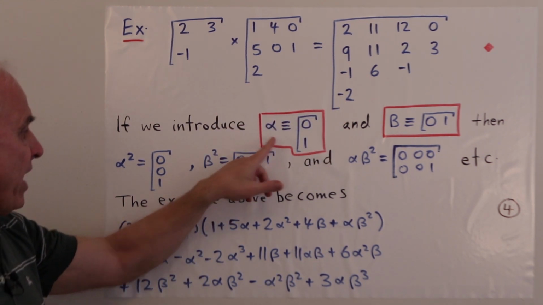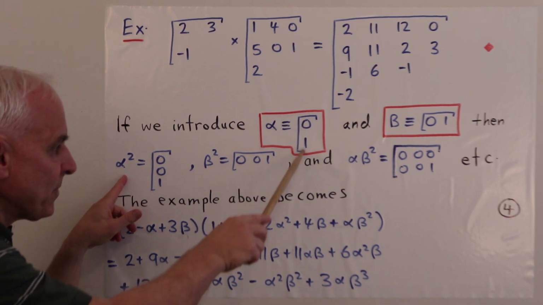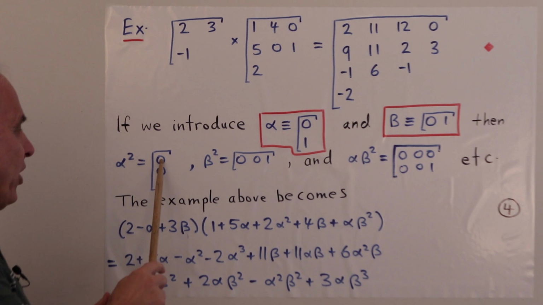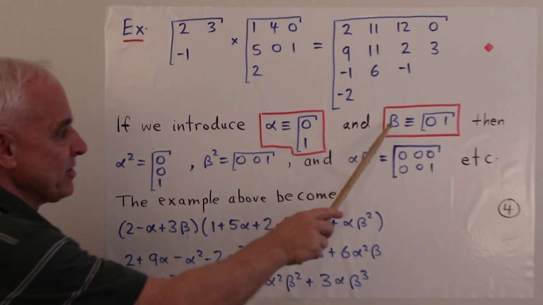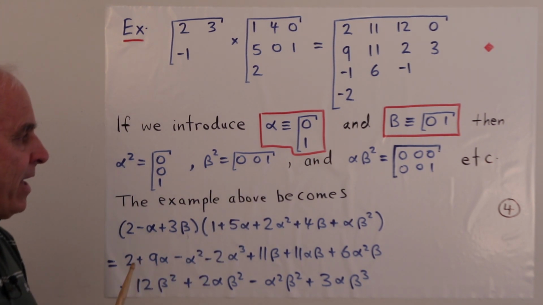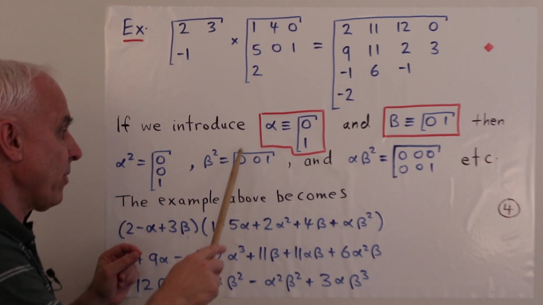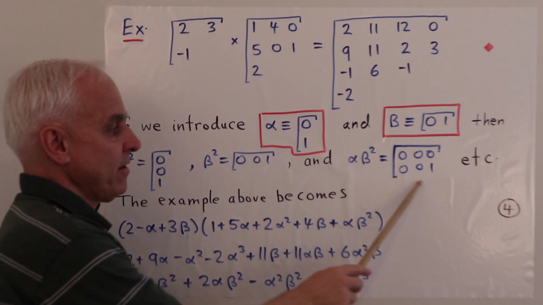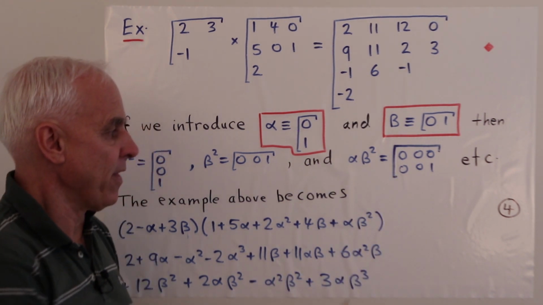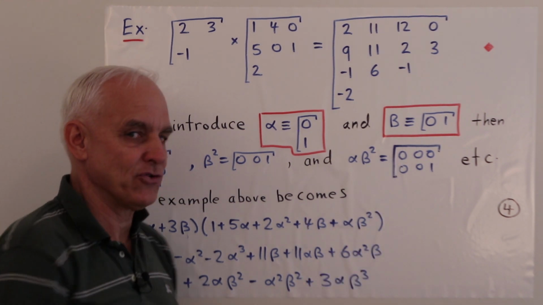Then products of alpha are going to be just column vectors, like alpha squared will be 0, 0, 1. Products of beta will be sort of like row ones, 0, 0, 1. And if we take the product of, say, alpha with beta squared, we're going to get this thing here, with zeros everywhere except for a single 1 in the 1, 2 entry.